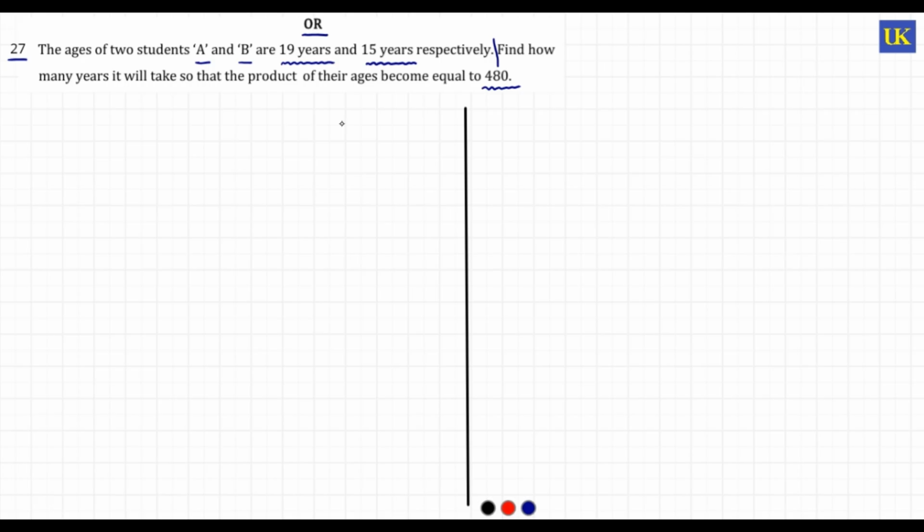So they are asking us that today the age of A is 19 and the age of B is 15.